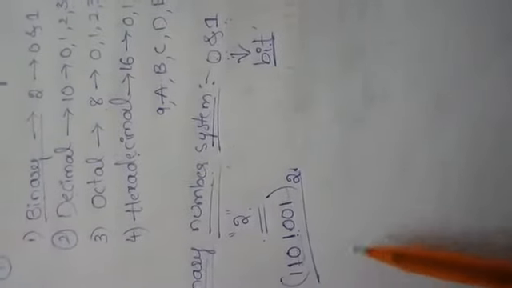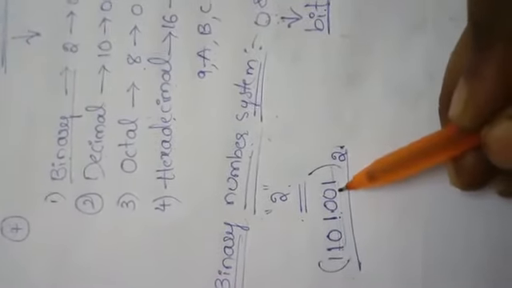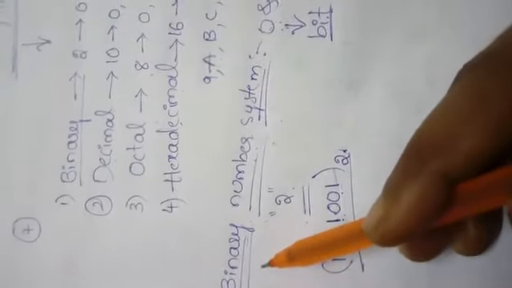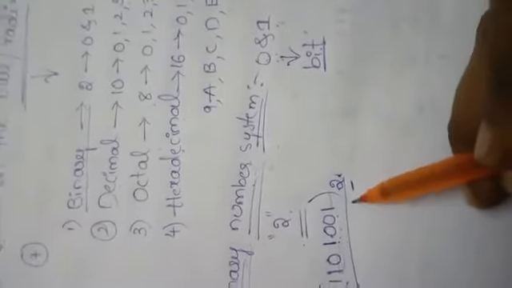So I am taking here one number in the form of a binary number. The weight or value of each bit is expressed as powers of 2.